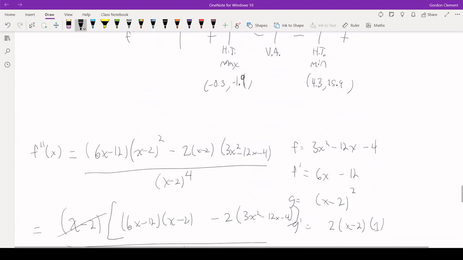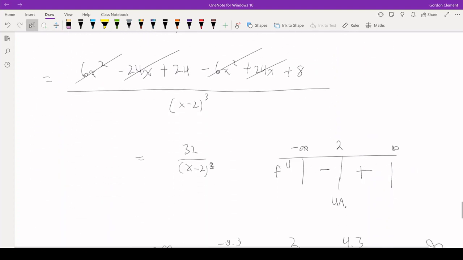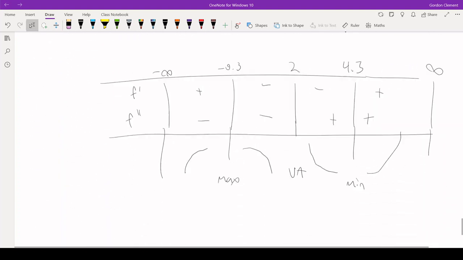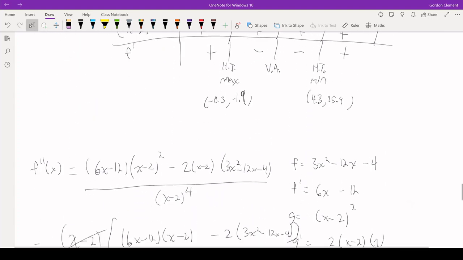And I've got those x values up above. Oh, I have those. Yep. Oh, I'm good. Max and min, yeah. Minus 1.9, 25.9.